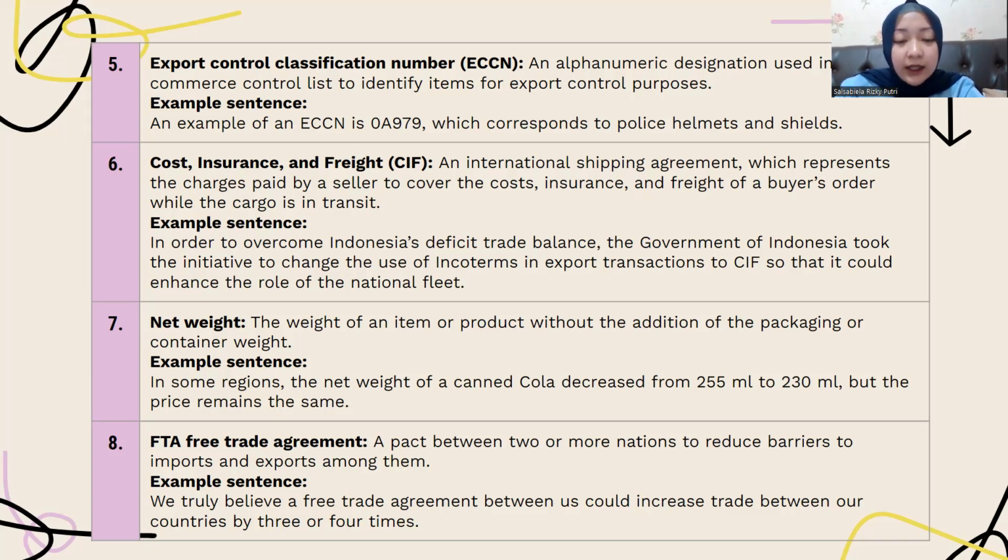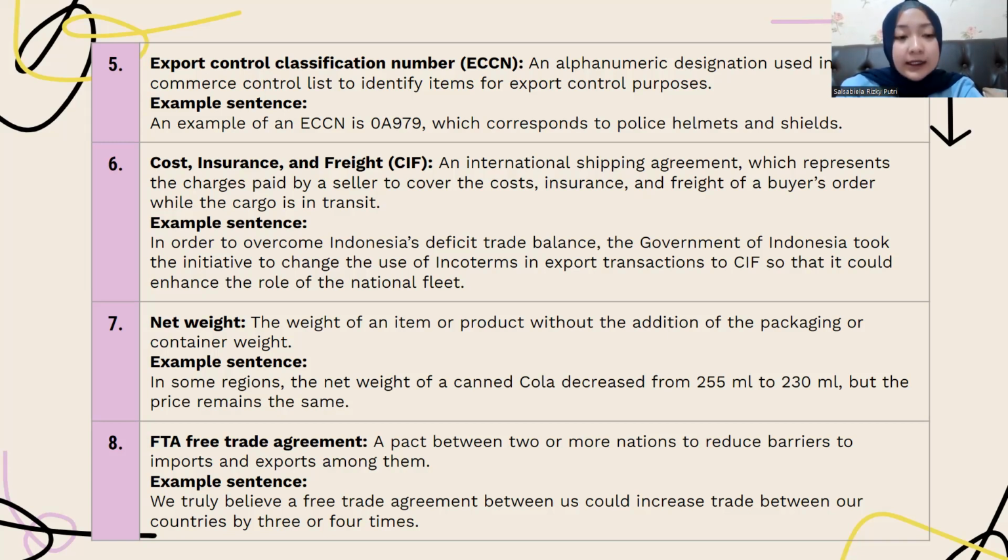The weight of an item or product without the addition of the packaging or container weight. And for the example sentence, in some regions, the net weight of a canned cola decreased from 255 mils to 213 mils, but the price remains the same.